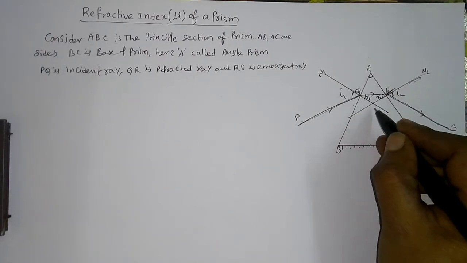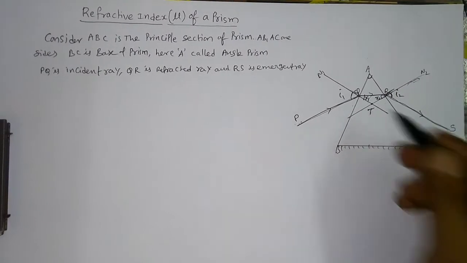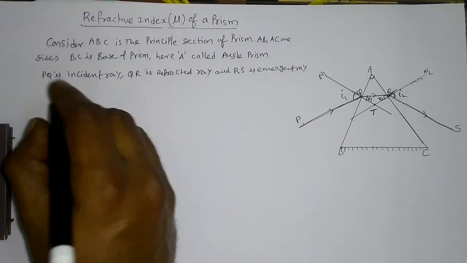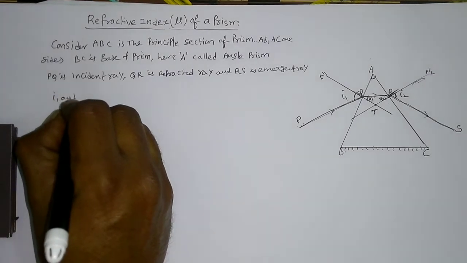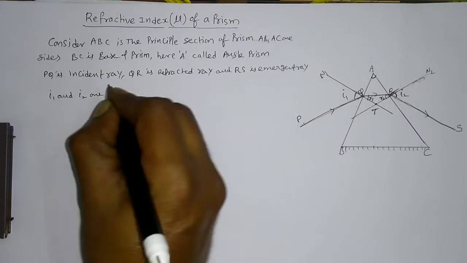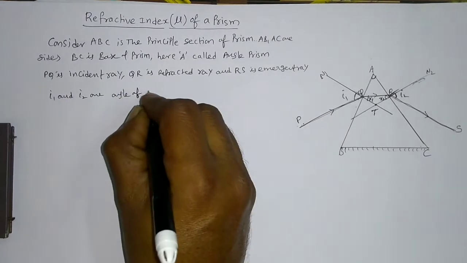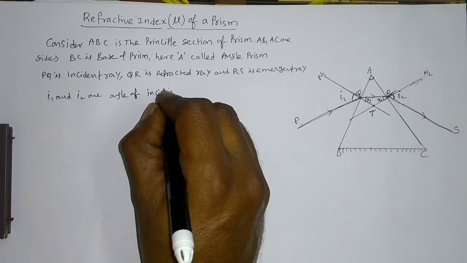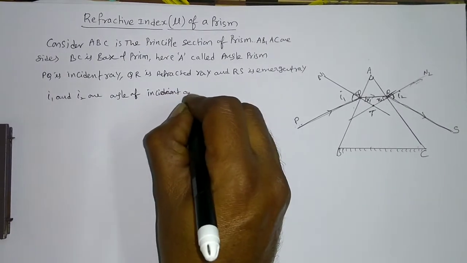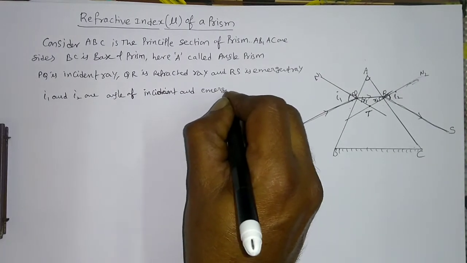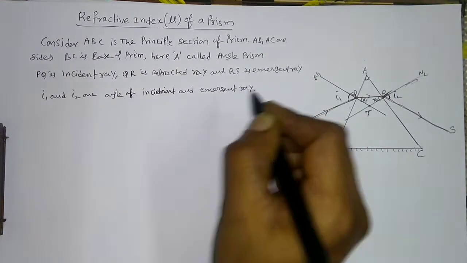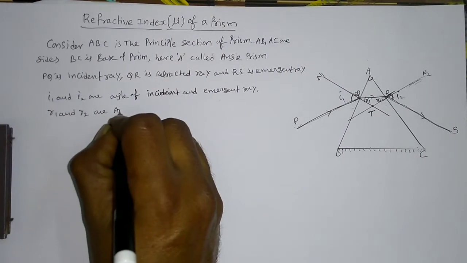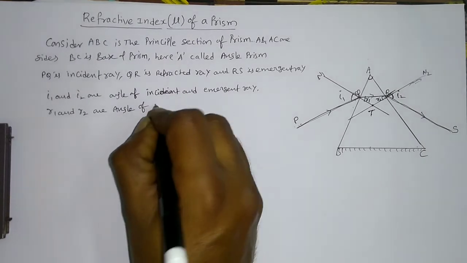The meeting point of the incident and emergent rays you can name T. Here I1 and I2 are the angles of incidence and emergence, right? Here R1 and R2 are the angles of refraction.